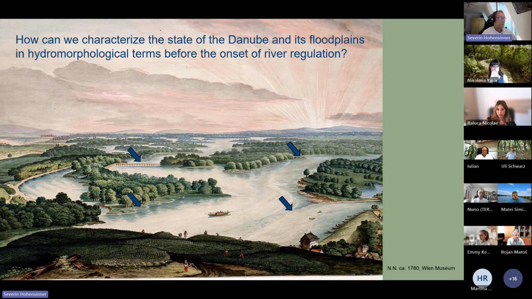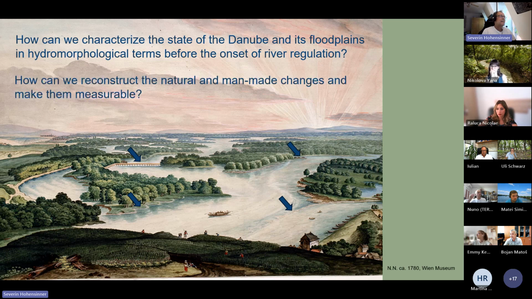The main focus for today is how we can characterize the state of the Danube and its floodplains in hydromorphological terms before the onset of the river regulation. The other aspect is how we can reconstruct the natural and man-made changes and make them measurable.